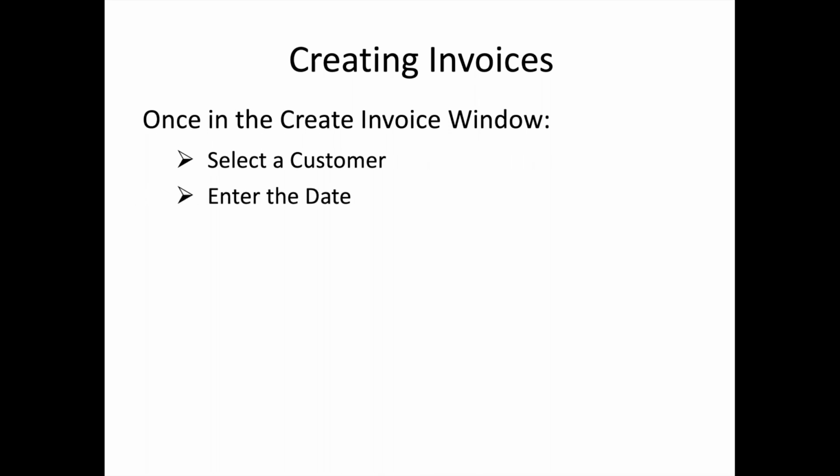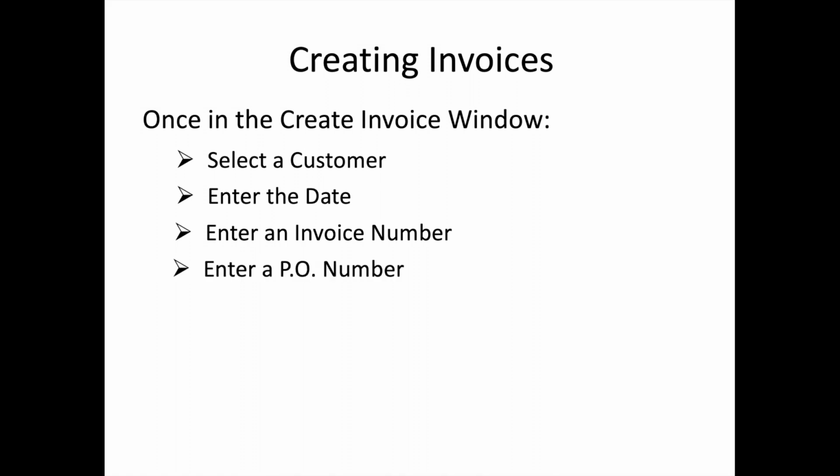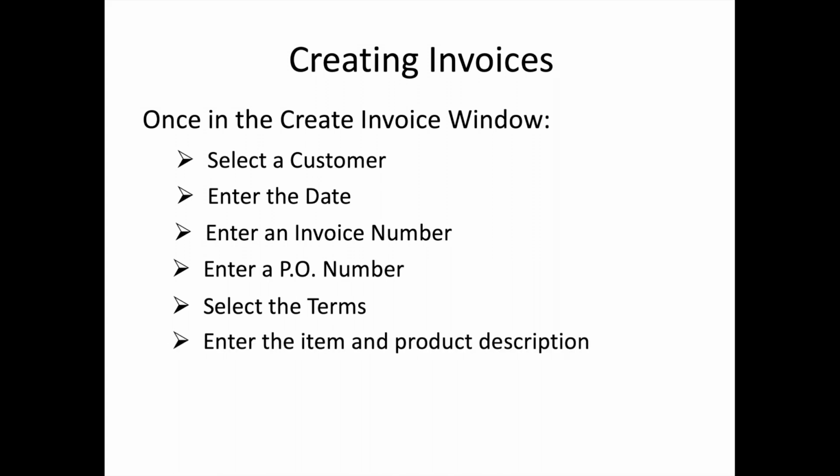Enter the date. Assign an invoice number. Enter a purchase order number if required by your vendor. Select the terms like Due on Receipt or Net 30. Select the item and enter a product description. Enter the quantities sold for each item. Enter the rate, the price of the product.